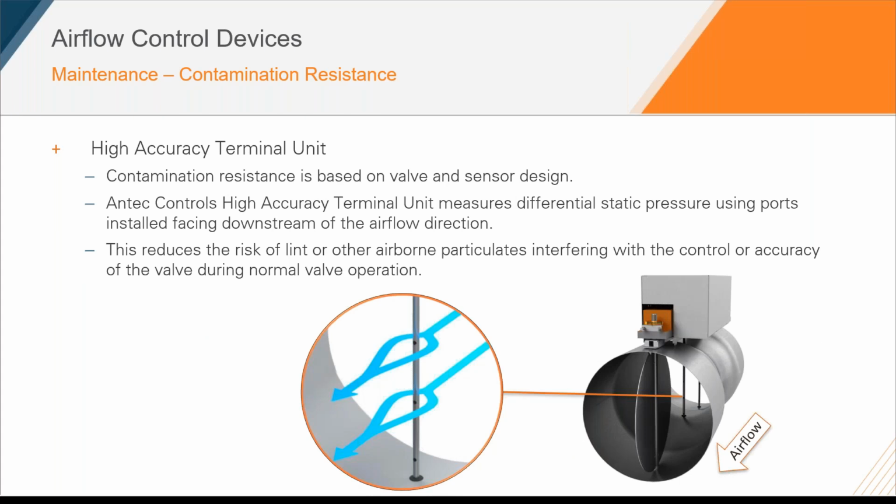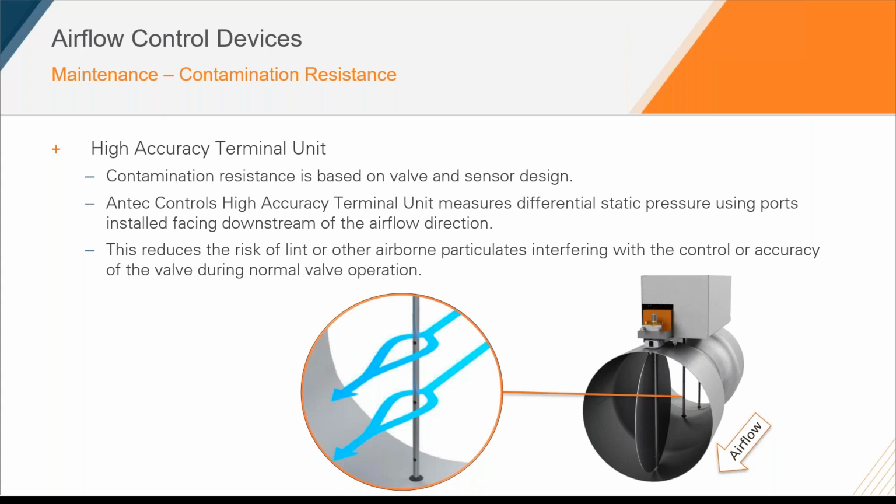So next, we're going to highlight the contamination resistance. The contamination resistance for a high accuracy terminal unit is really going to be dependent on the valve you've selected and the sensor design. There are a number of different configurations available currently. The main one I'm going to talk about is the high accuracy terminal unit provided by Antec Controls.